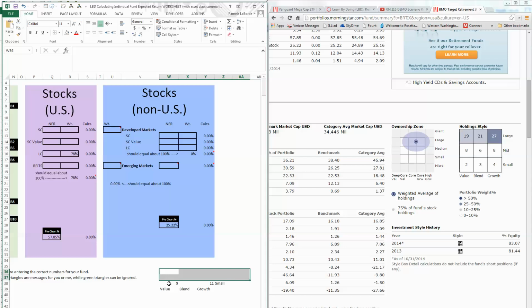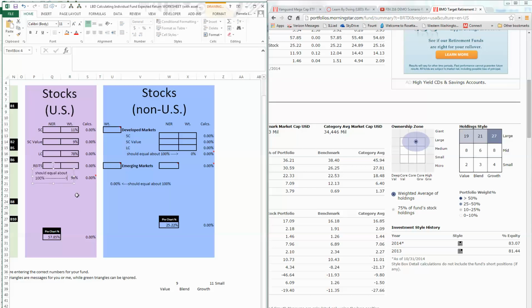I will consider 9% to be small cap value, and I do have a cell for that. So 9% is the weight in small cap value, and even though this is labeled growth, I'm considering it to be just the non-value ones. So 11% should go there. And if I did things right, this should sum to approximately 100.